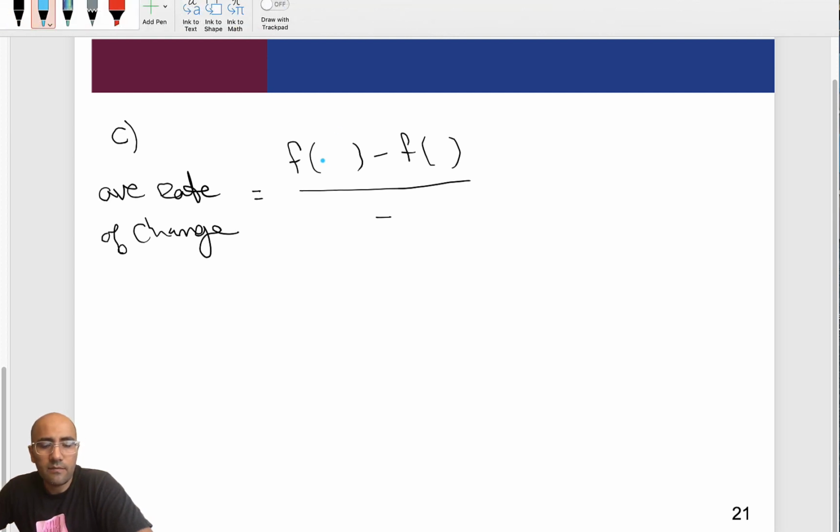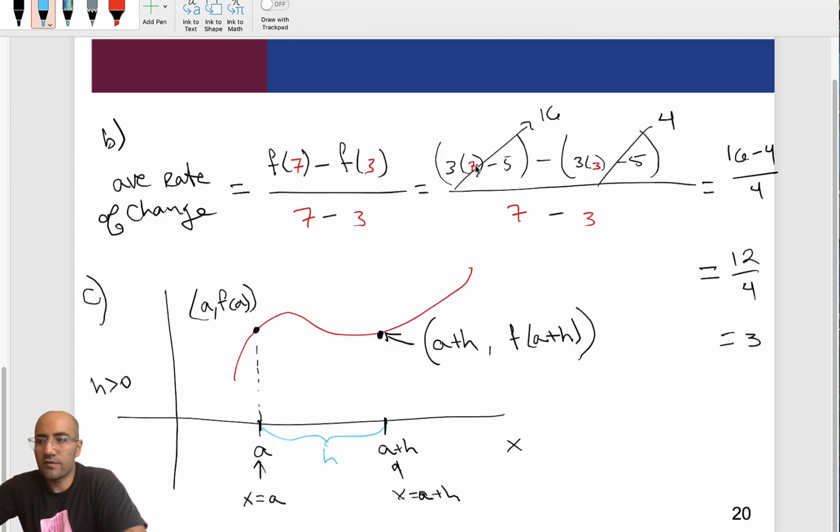So it's going to be a plus h goes there, a goes there, a plus h goes here, and then a goes there. Right? Just following the same pattern that we did for the previous one.